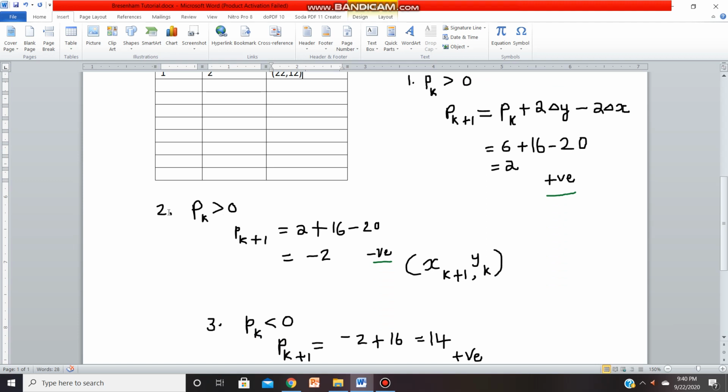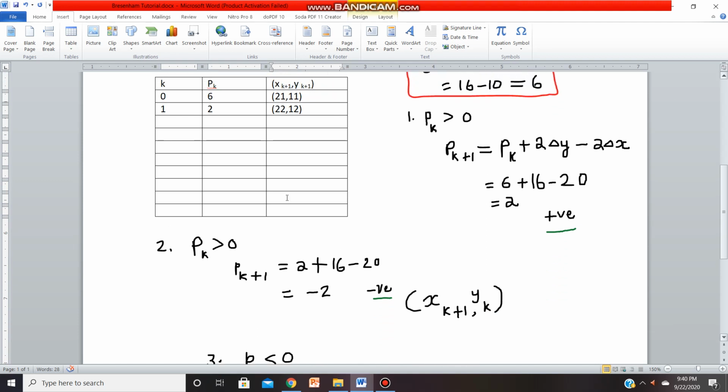Which equation is to be chosen? The same equation, since it is positive: Pk plus 1 equals Pk plus 2 delta y minus 2 delta x. Pk was the P1 value, so 2 plus 16 minus 20, and the value will be minus 2.